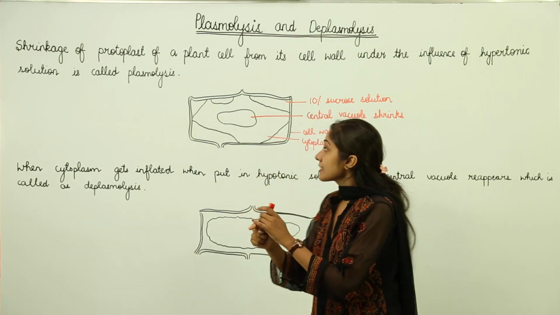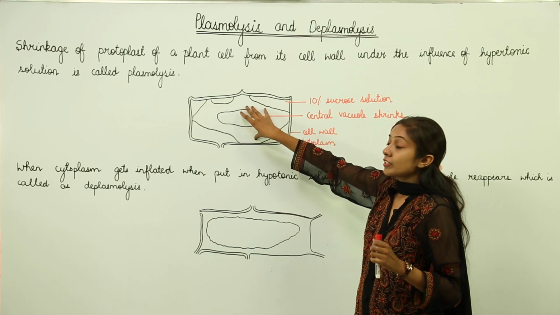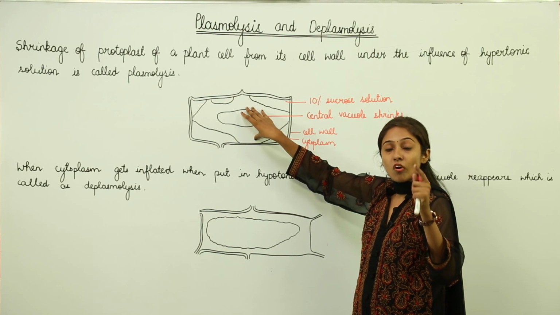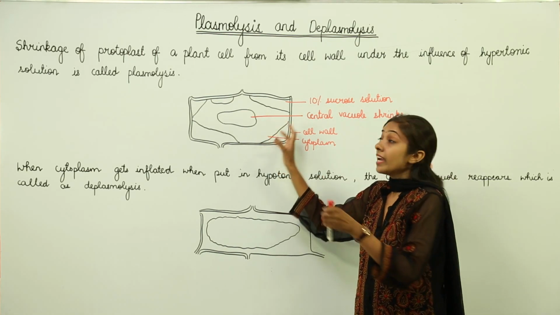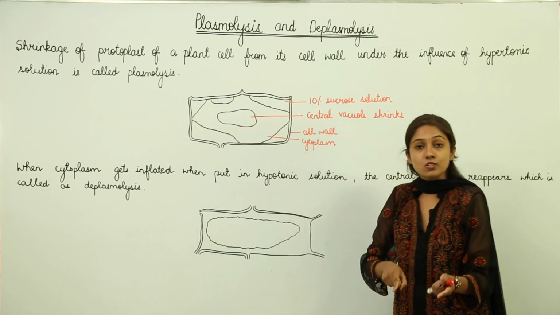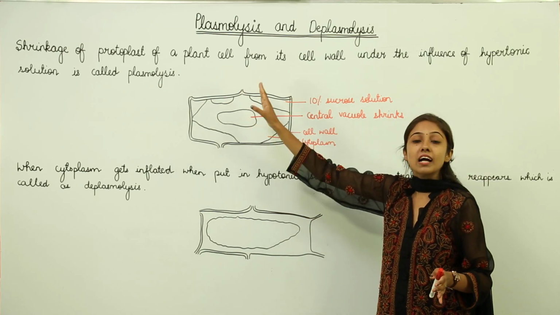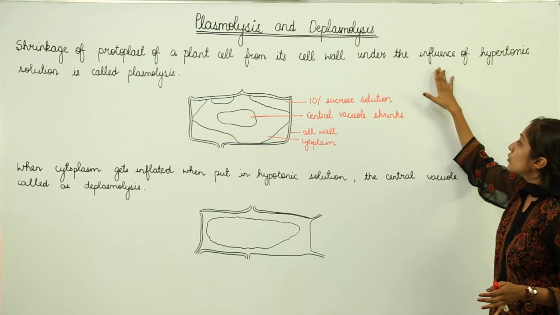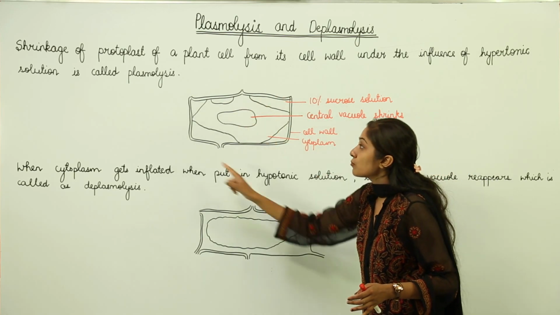Now, in this case, since inside the cell we have the concentration of water that is more, water is going to move from a region of higher concentration, means from inside the cell to the outside. That is why the shrinkage of protoplast of a plant cell is going to take place from its cell wall under the influence of hypertonic solution, which we call as plasmolysis.